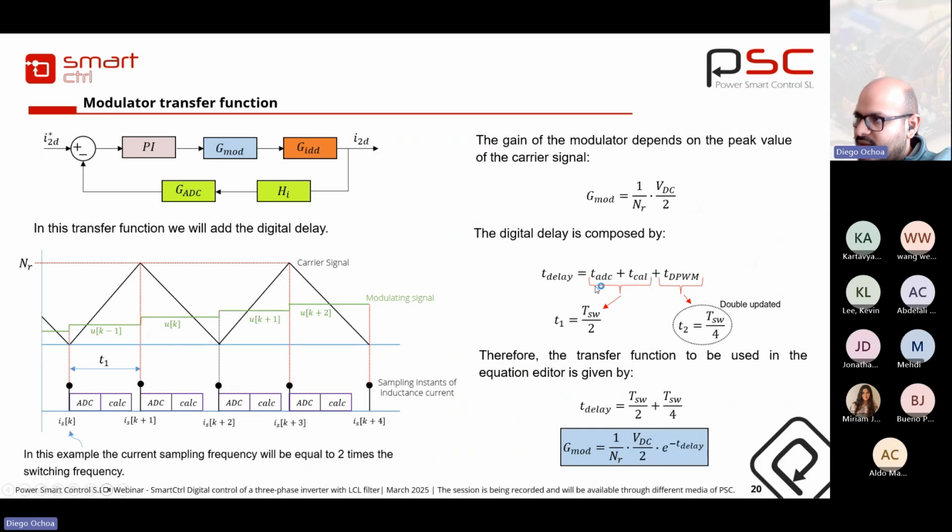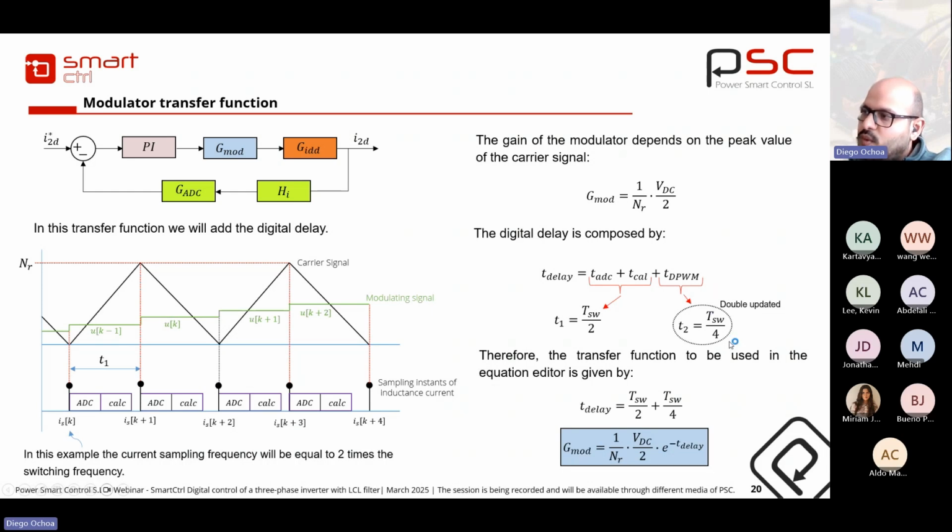This is the first part of the time delay, and we also have to contemplate the second part that is related to the DPWM. In that case, we have a double update because we are updating the modulating signal two times every switching period. So we are updating every half switching period, and this delay is also fixed.